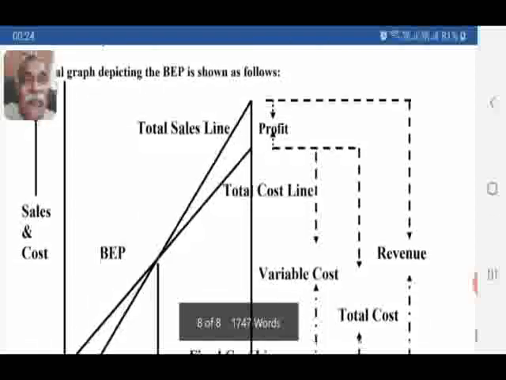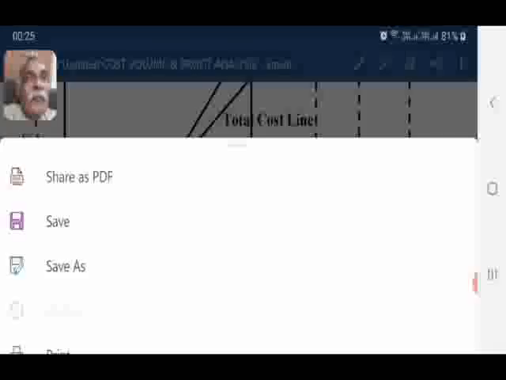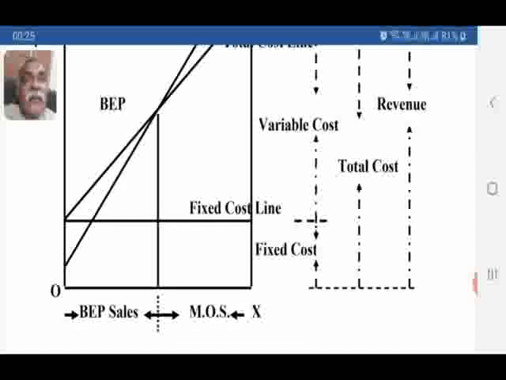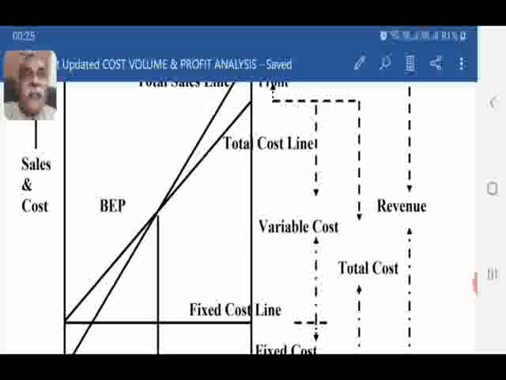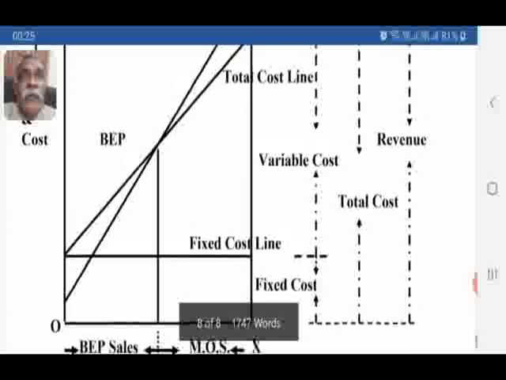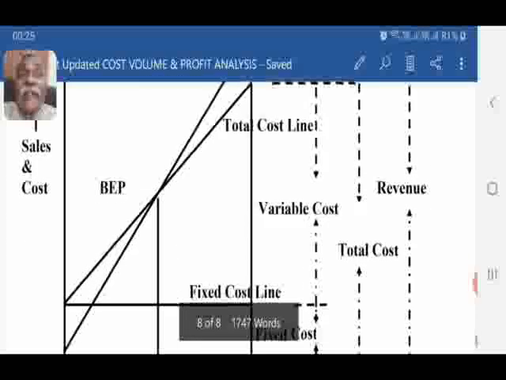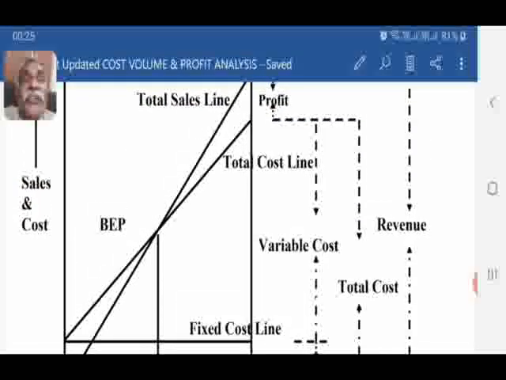And in this way, you just see, this is the graph. You see, on the x-axis there are units of sales, and on the y-axis there are cost and sales. From y-axis there is the total cost line, and from 0 there is the total sales line, and both the total sales line and cost line intersect at a point.